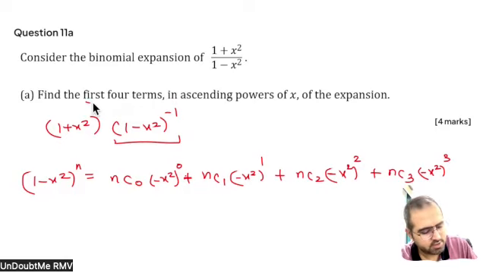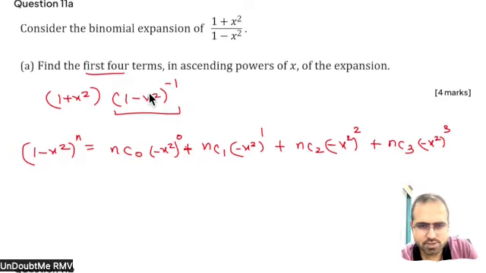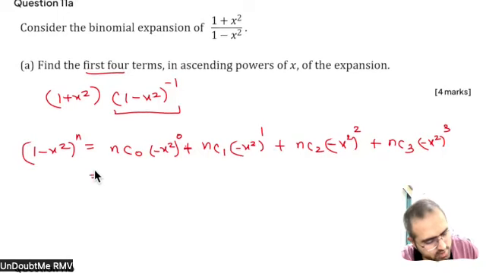They are asking first 4 terms in the ascending power, so I think we should do till here only. Now nC0 is 1. So first term will be 1. We don't have to do anything.